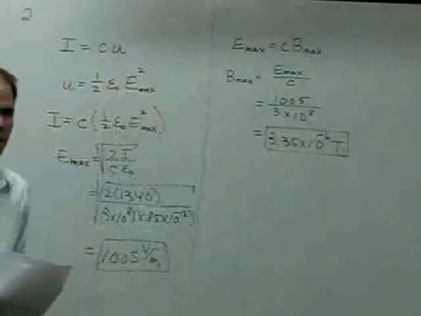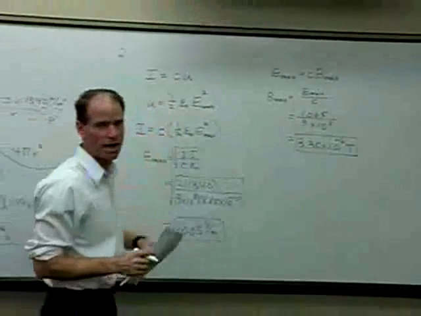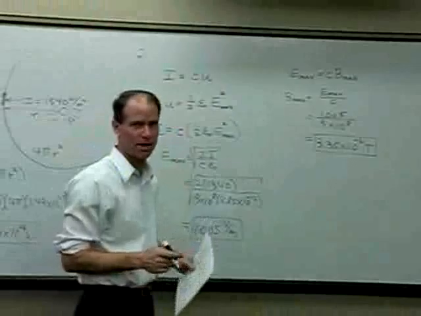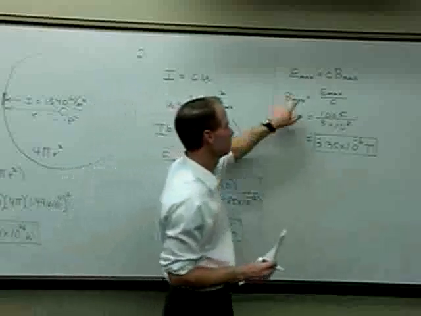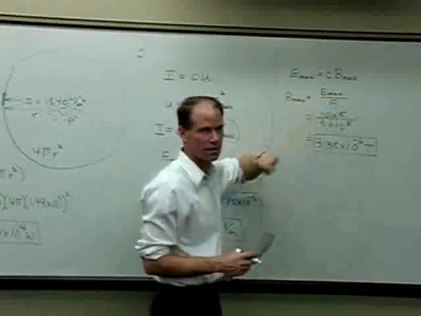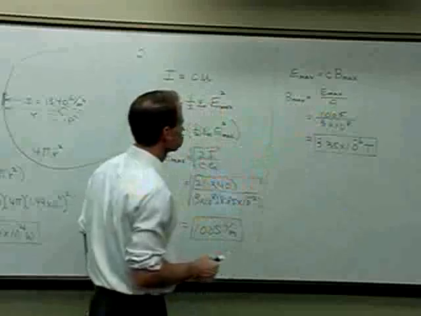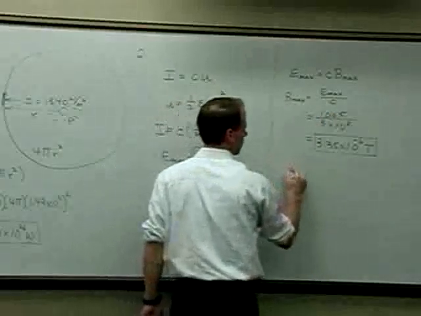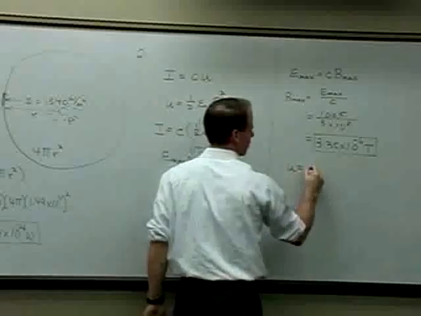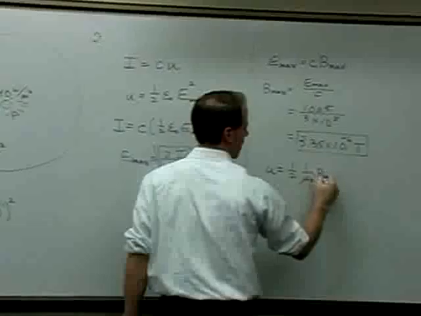Here's an interesting note. We said that the energy density is 1/2 epsilon naught times E max squared. And we said that E max equals C times B max. So we also know that another way to define the energy density is 1/2 1 over mu naught B max squared.